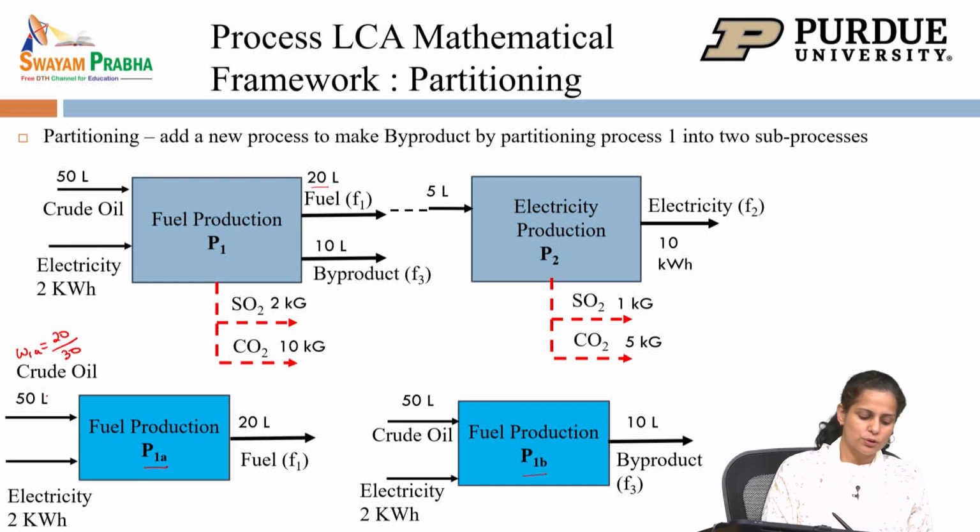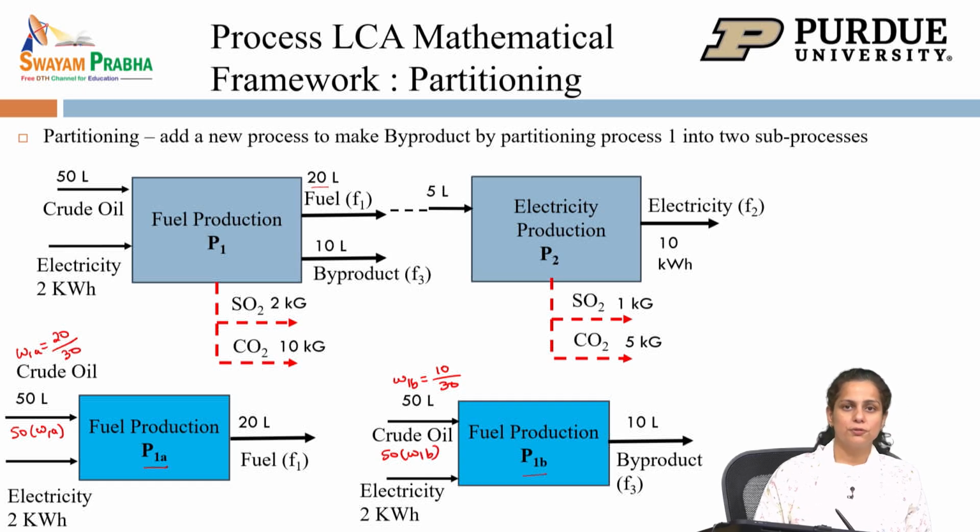So, the amount of crude oil that will be input to this system fuel will be 50 times W1A, and the crude oil that is going to the fuel production B or P1B, which is making the byproduct, will be W1B, which is the weighting to the second sub process, and that is about 10 by 30. Again, this will be 50 times W1B is the amount of crude oil that we are assigning to the fuel production process that is making byproduct.